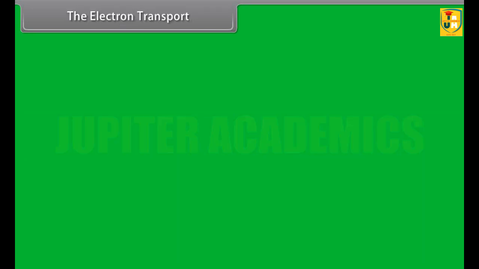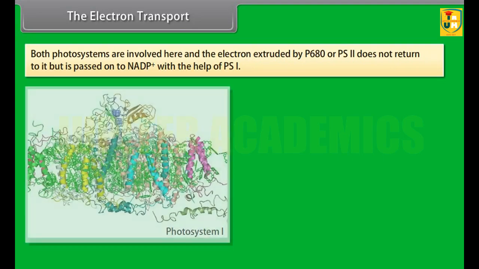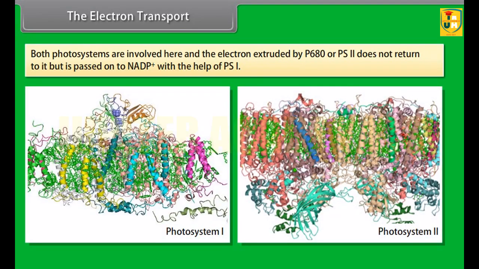The electron transport. Both photosystems are involved here and the electron extruded by P680 or PS2 does not return to it but is passed on to NADP+ with the help of PS1.